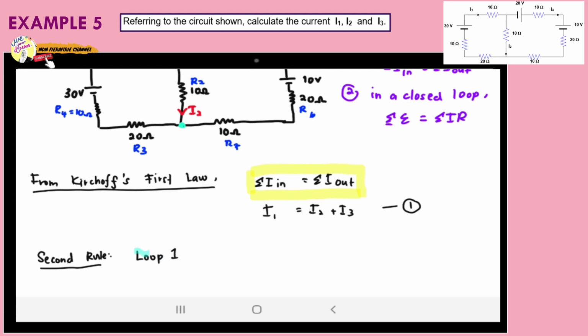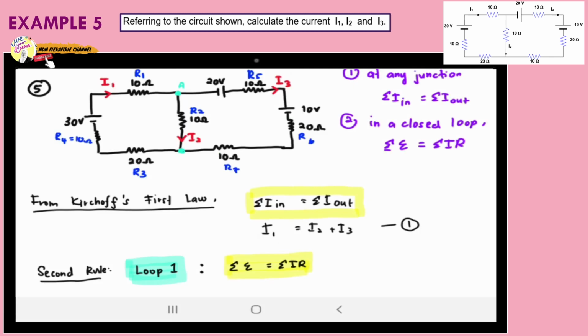Let's focus on loop 1 first. The equation must refer to the second rule, which is total EMF in loop 1 is equal to total IR, current times the resistor in the circuit. So now let's refer to the first loop.